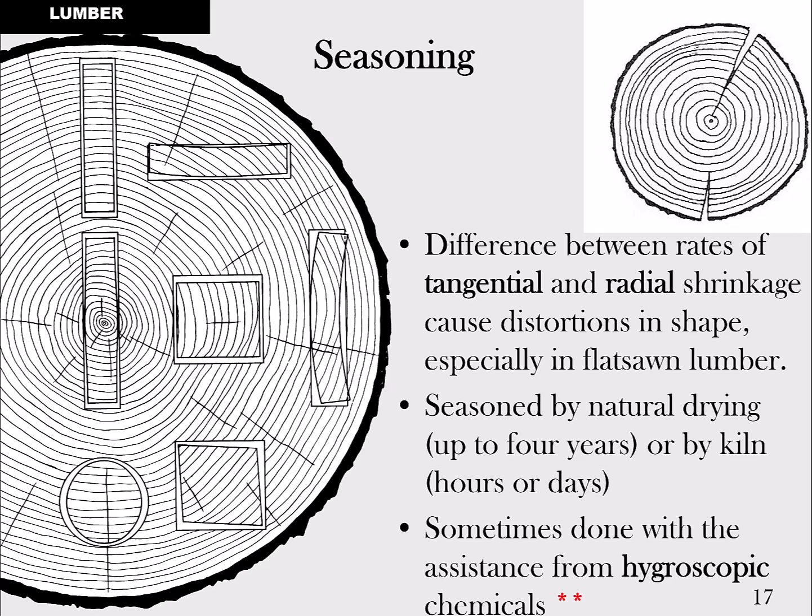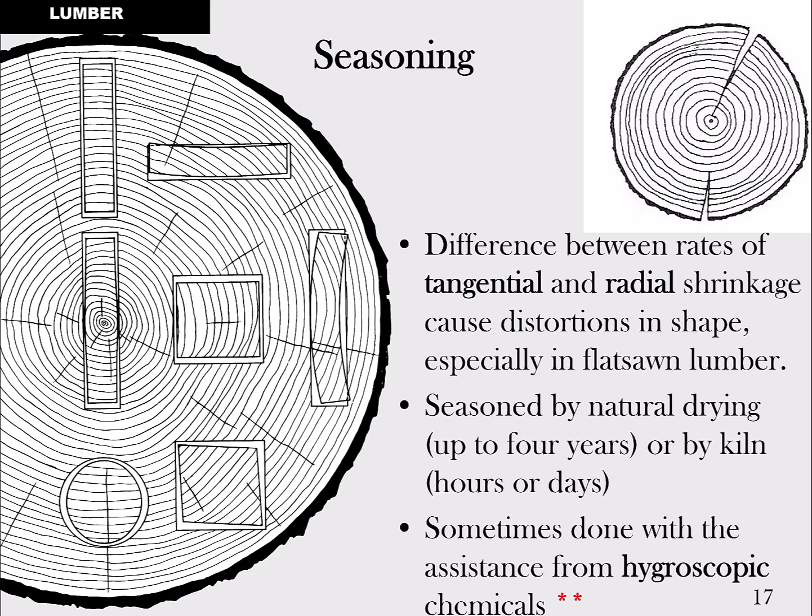So there are things they can do to combat this. For instance, they can spray down the wood that's got moisture in it with hygroscopic chemicals. You see the pair of red asterisks down at the very bottom.